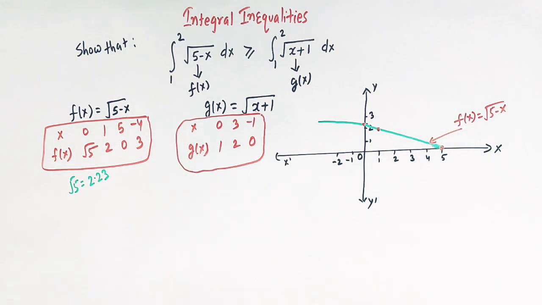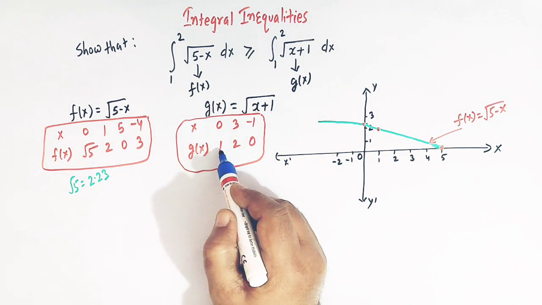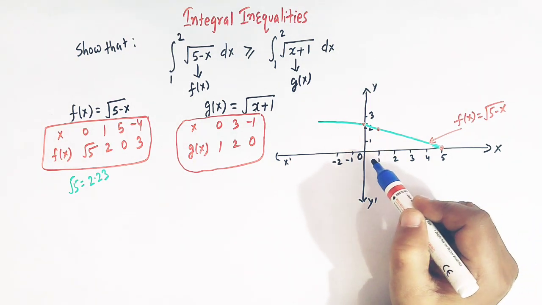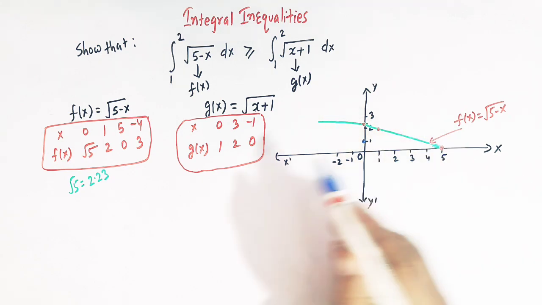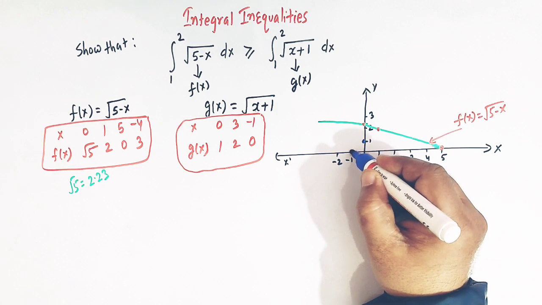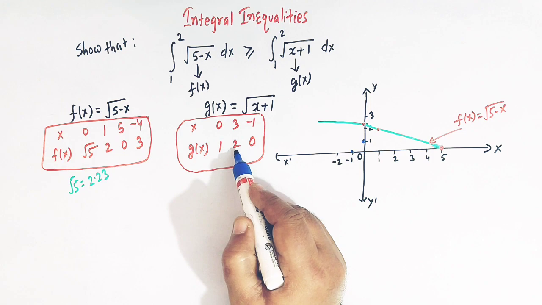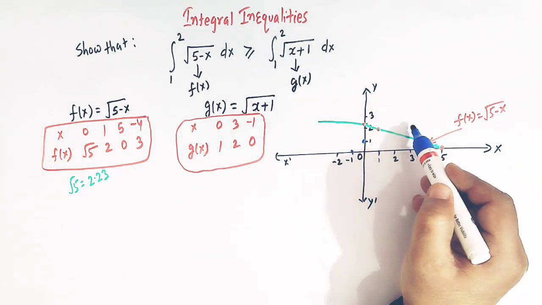Now let us plot g of x. So now we have the first point 0 comma 1, right? So 0 comma 1 lies here, and then we have minus 1 comma 0, and it lies somewhere here, and then we have 3 comma 2, right? So here we have 3 and here we have 2.